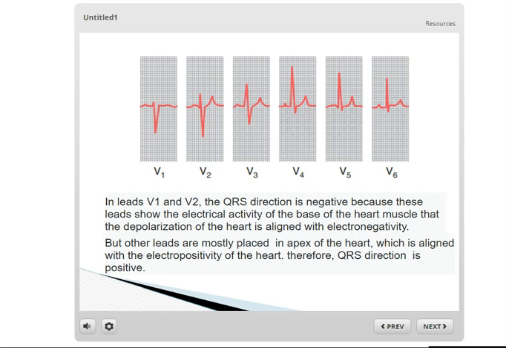And in leads V4, V5, and V6 the QRS direction is positive. These leads are closer to the apex of the heart. The depolarization wave moves toward these leads, aligning with the electropositivity of the heart's electrical activity.